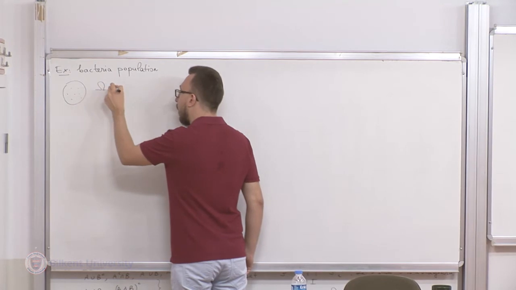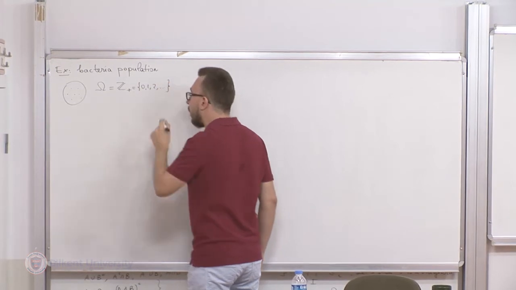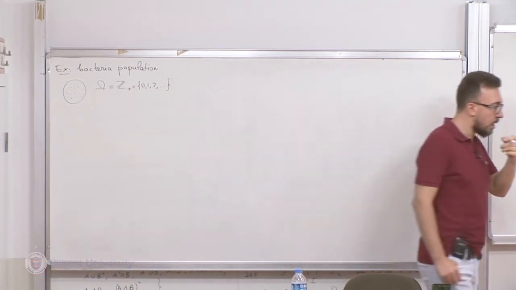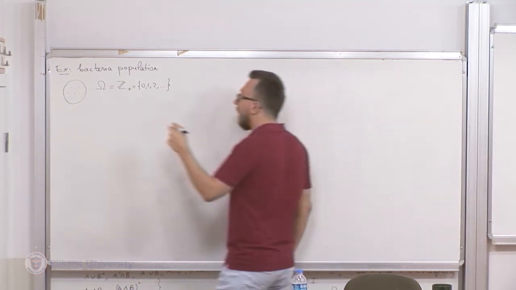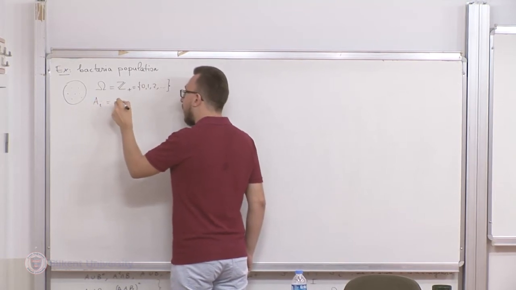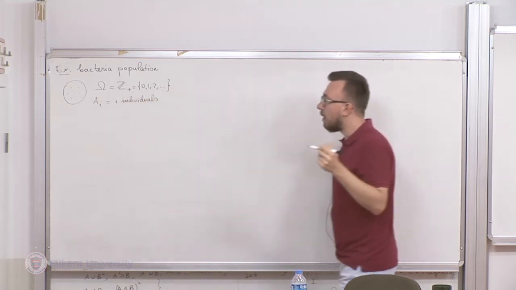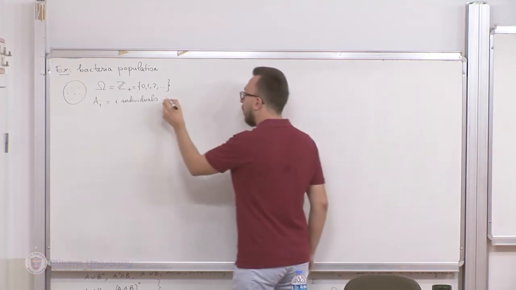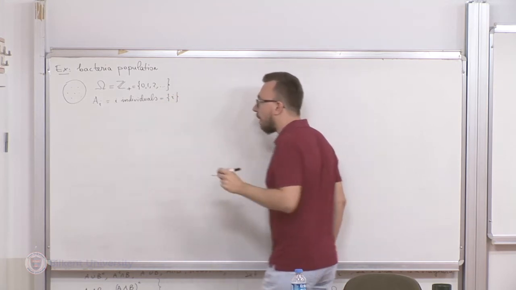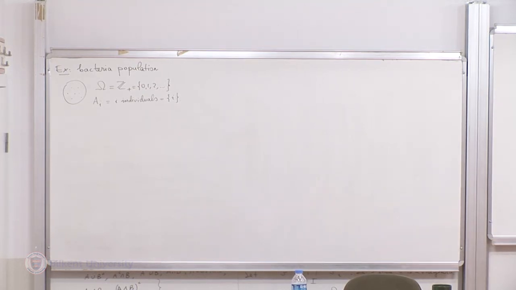So 0, 1, 2, etc. If you are interested in events like this, let's say A_i is the event that there are i individuals. Well, this means your event is just a singleton, {i}. So the event that there are no individuals, the event that there is just one individual, the event that there are two individuals, etc.